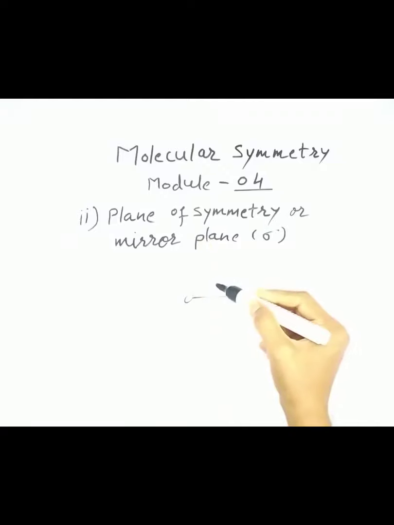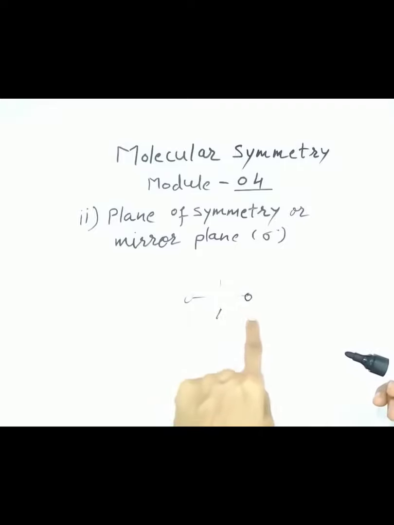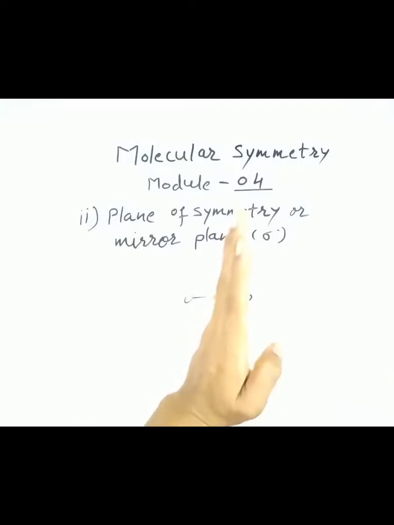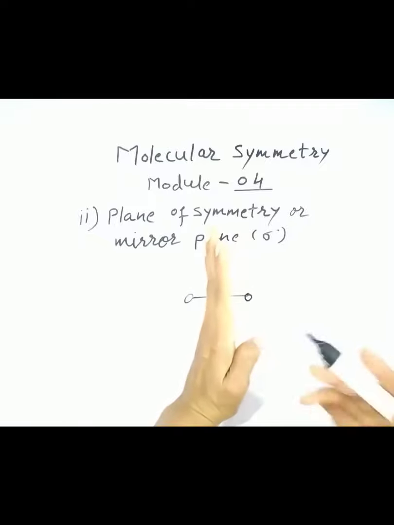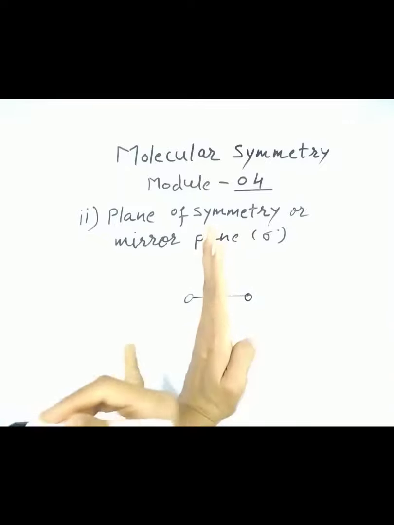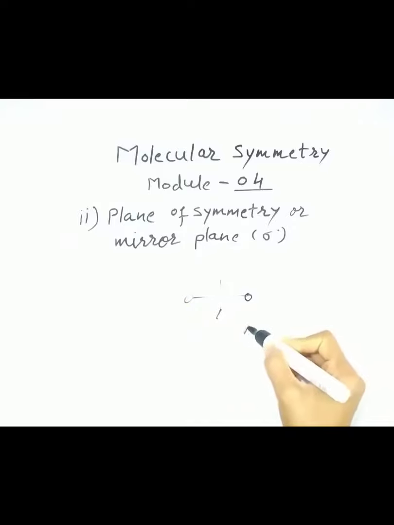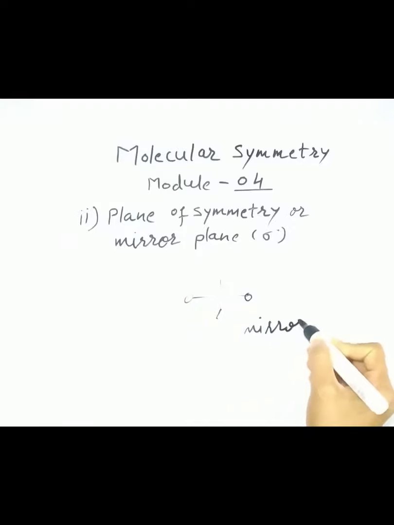Whatever image we get will be mirror images of each other. Means after passing the plane, whatever reflection we get on either side of the plane, these reflections are mirror images of each other.